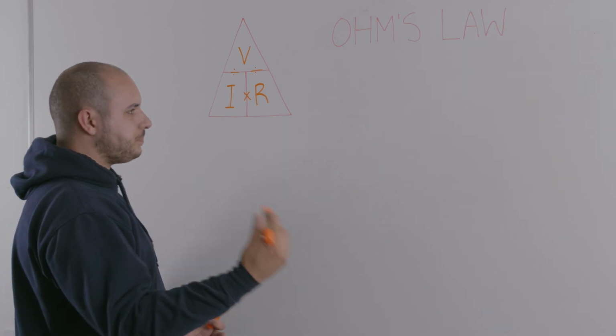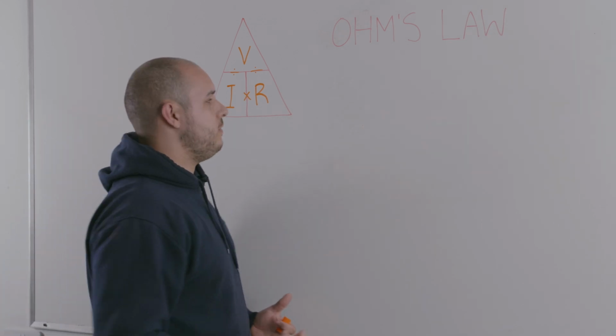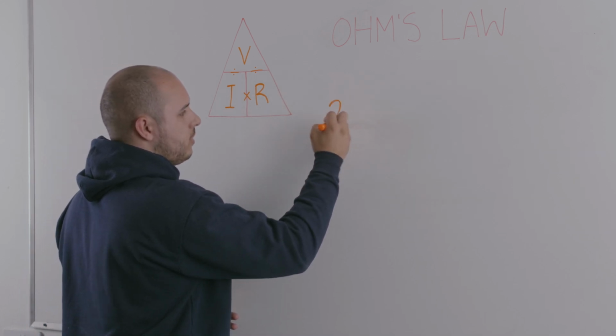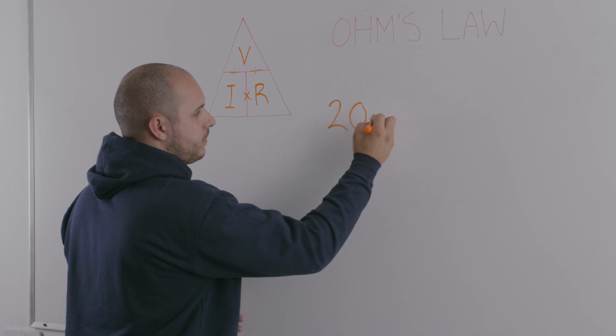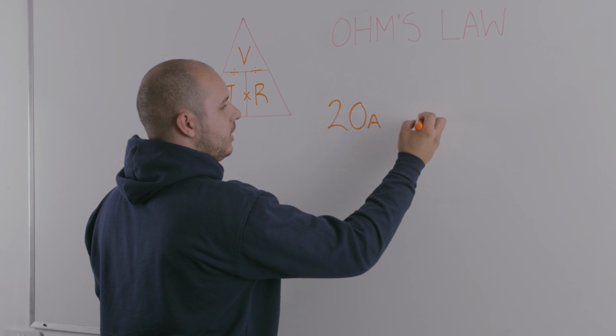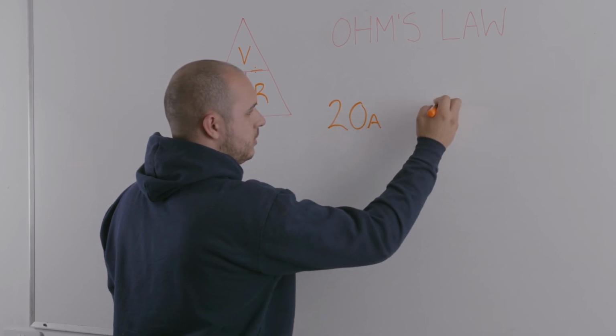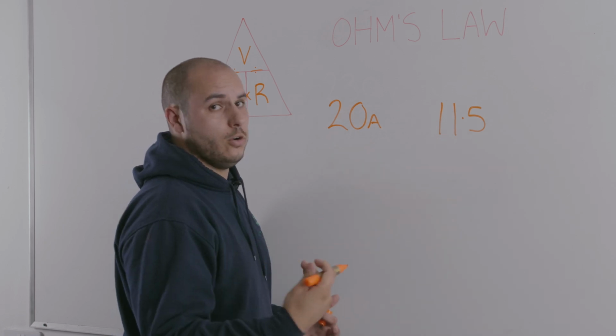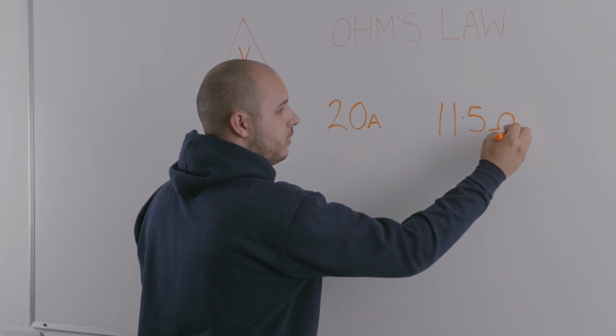So, for example, as we've just demonstrated on the previous one, if we have the current of 20 amps, and we know the resistance for that circuit was 11.5, put that one there, and remember this is the resistance, so it's measured in ohms, so 11.5 ohms.